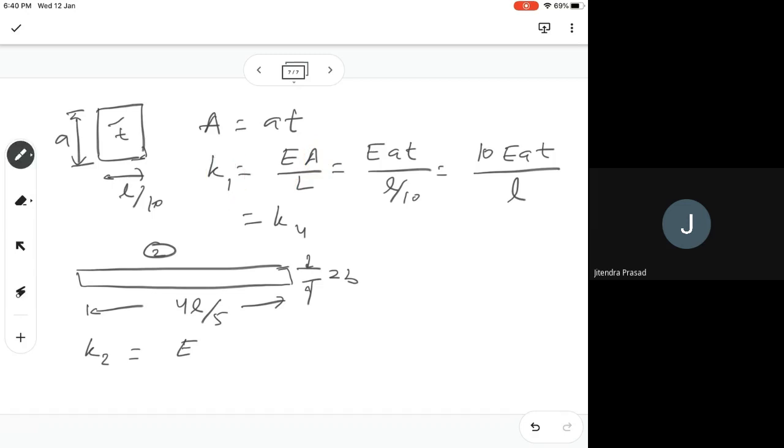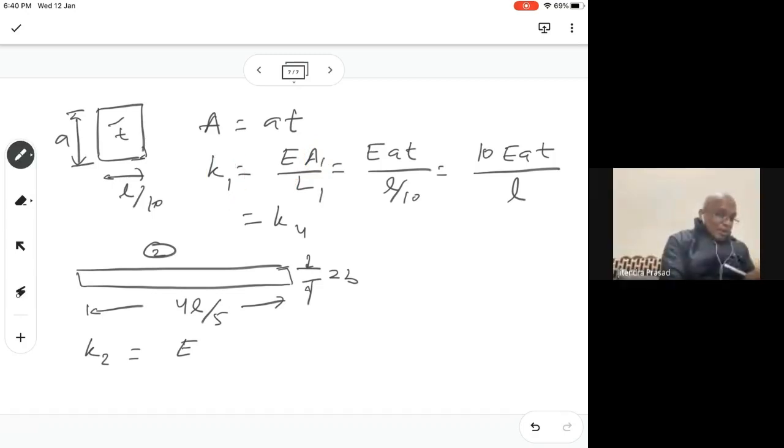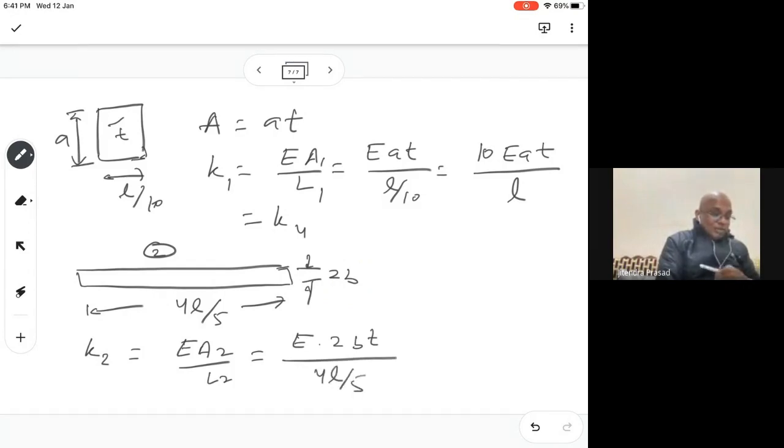So we can also write E A1 over L1, and E remains the same for all elements, so we'll keep E the same. So E A2 over L2 is equal to, now A is 2B times T. So we write 2B times T is the area, divided by L2, which is 4L over 5.